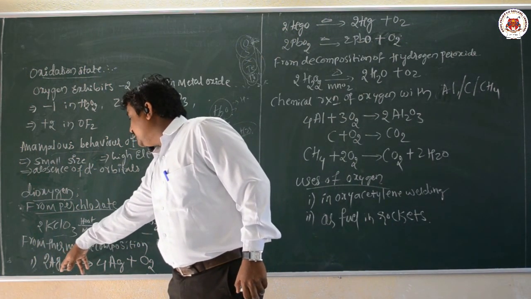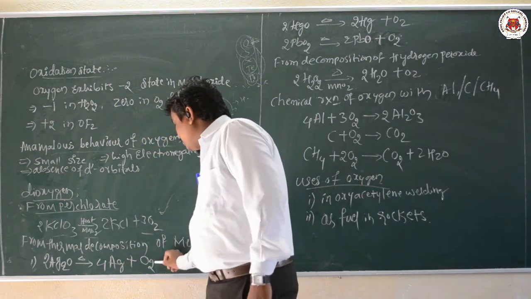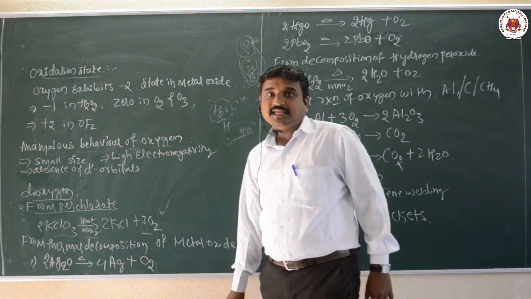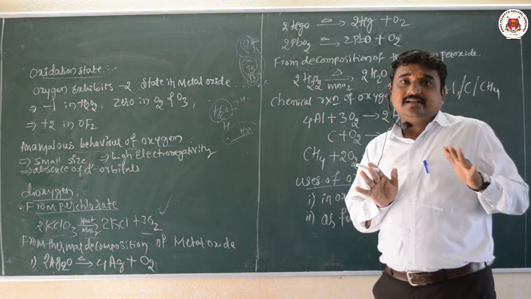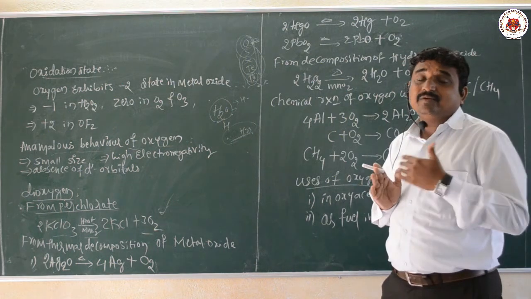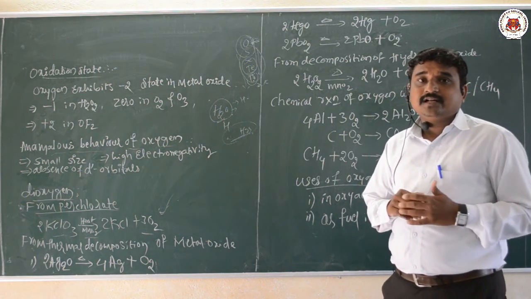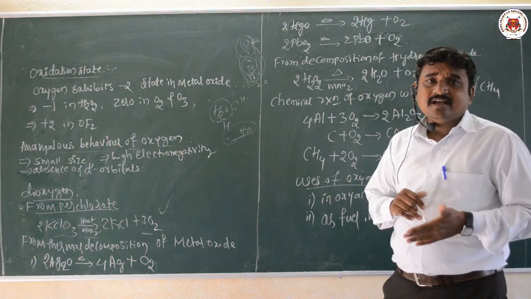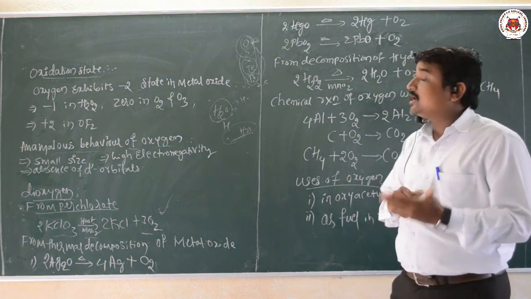The silver oxide on heating will decompose and produce O2, dioxygen. Same thing, the metal oxide on heating will decompose, hence the name thermal decomposition of metal oxide.